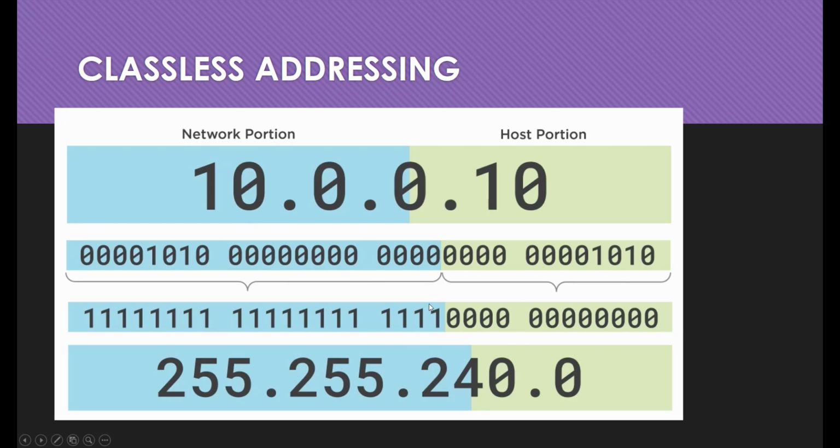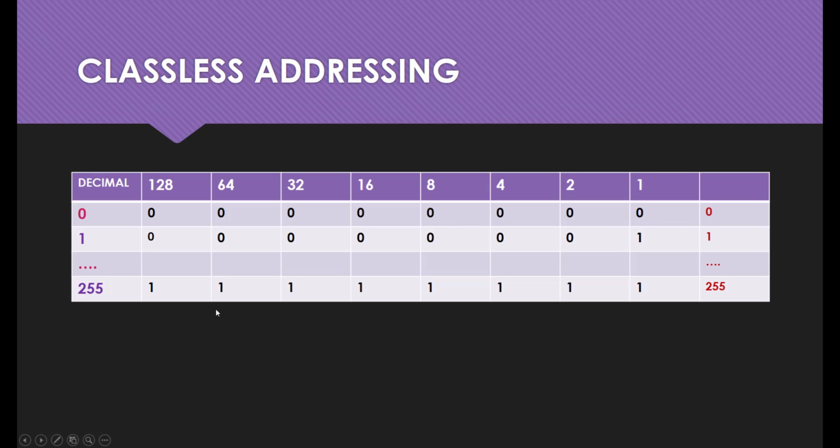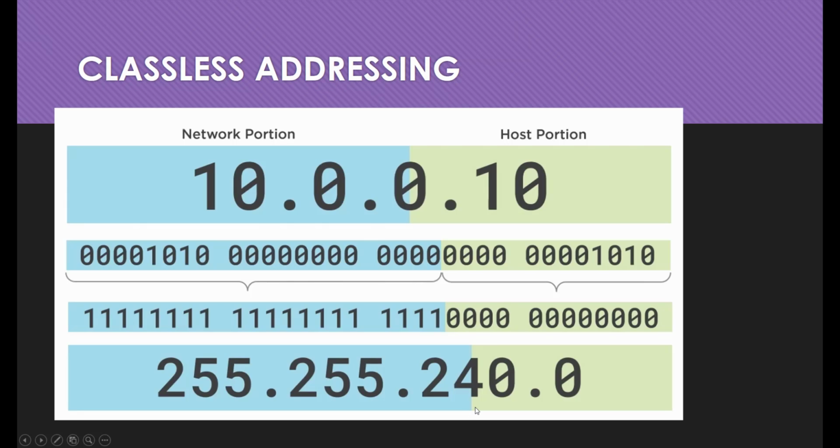So we have the first 4 bits turned on for the third octet. Using our table, to work out the subnet mask we consider the first 4 bits: 128 plus 64 plus 32 plus 16, which gives us 240. So that's how we got this subnet mask.